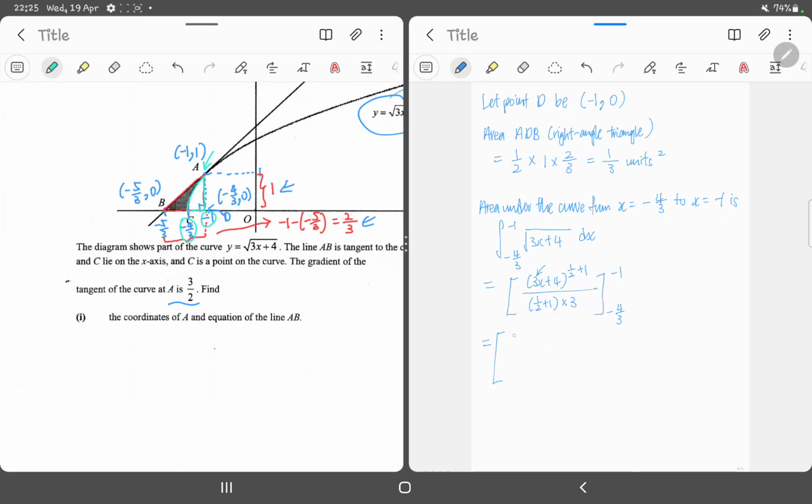Sub minus 1 inside, we get 3 times minus 1 plus 4, 3/2 over, this will be actually equals to 3/2, 9/2, okay?